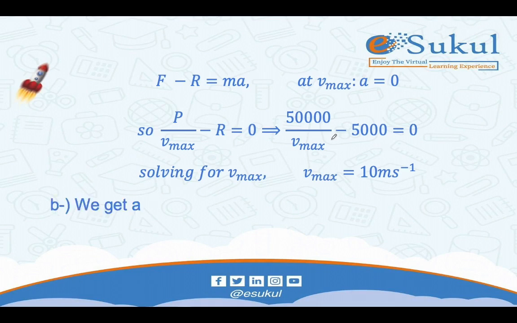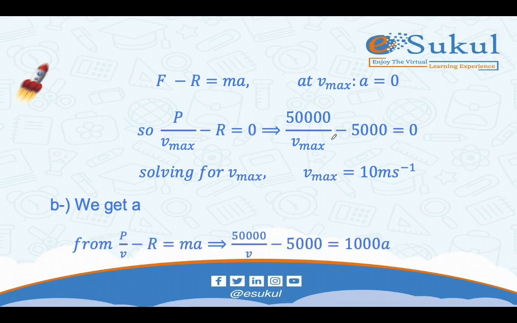In B, we get acceleration. To get acceleration, maintaining the speed, we come back to our reference equation, P over V minus R equals ma. Maintaining V, we can have as equation this, as you can see.